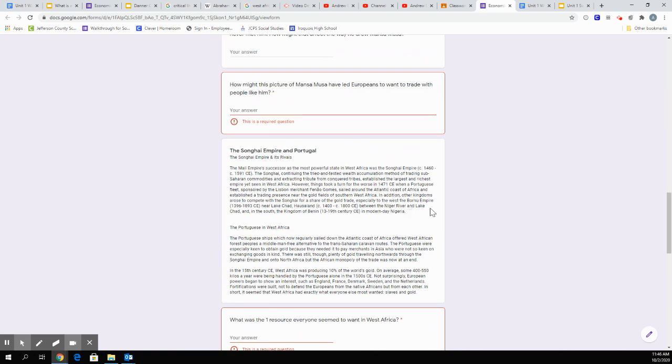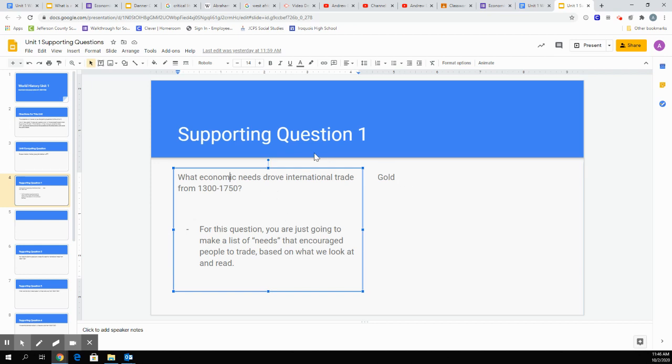And then the last thing I would encourage you to do is go back to this right here, supporting question 1. What economic needs drove international trade from 1300 to 1750?